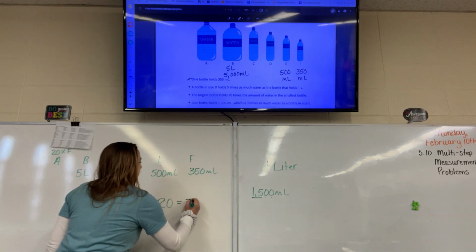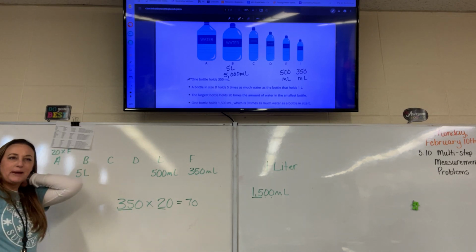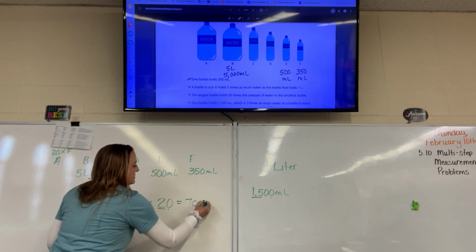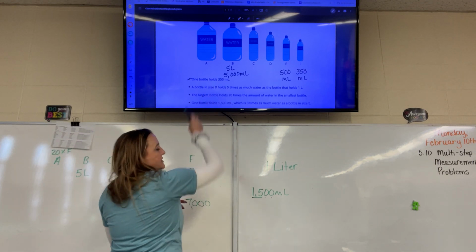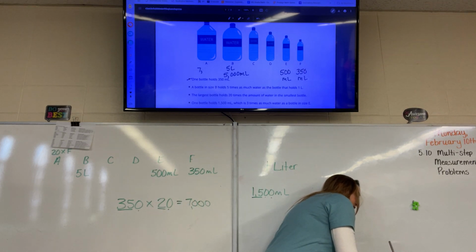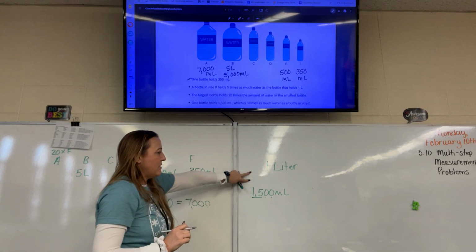Good work. So 35 times 2 is 70. How many zeros do we add on? 2. So 7,000. Does that make sense that B would be 5,000 and A would be 7,000? Yep. So now we have 2 bottles left and 2 amounts left.